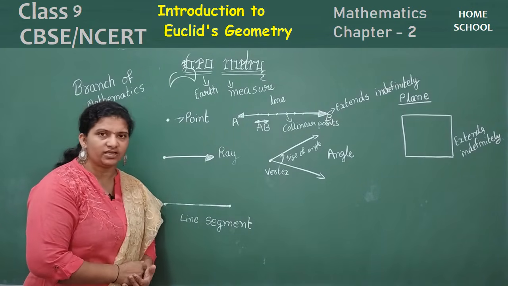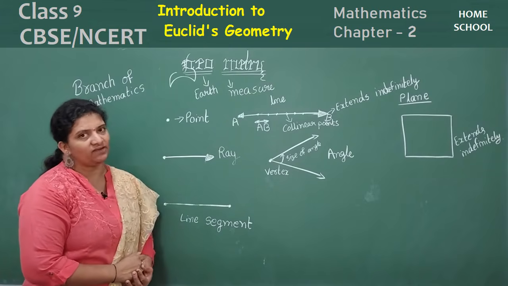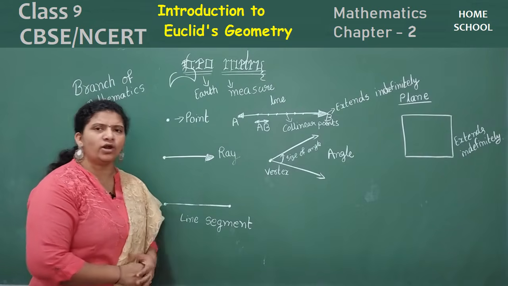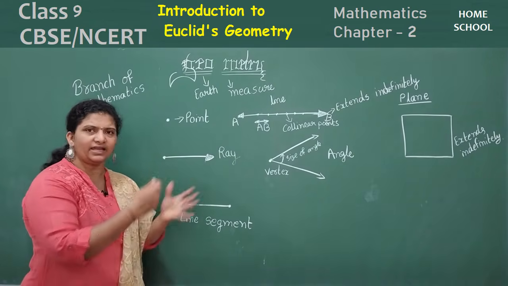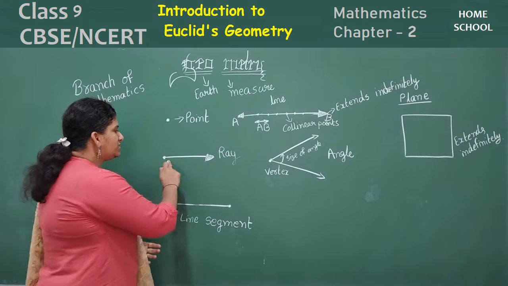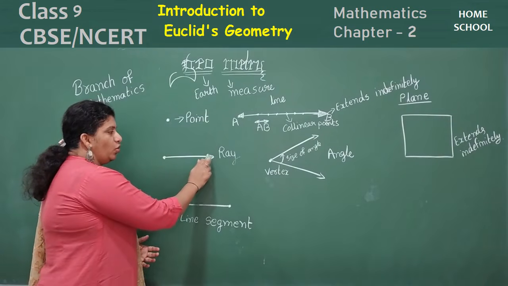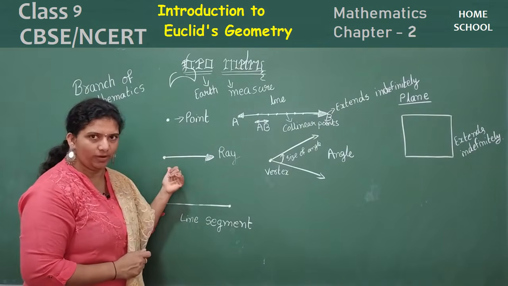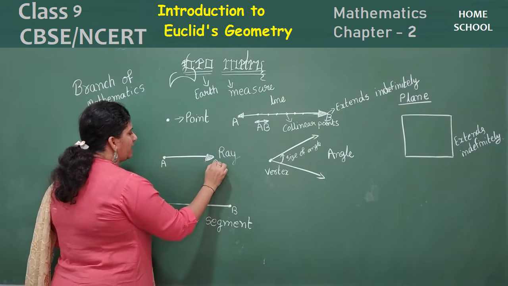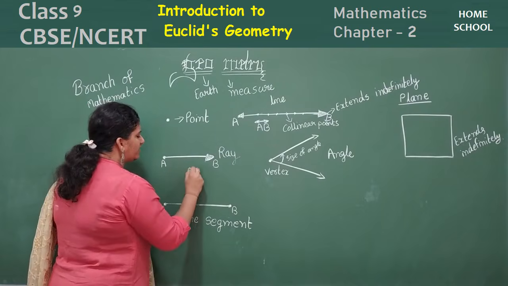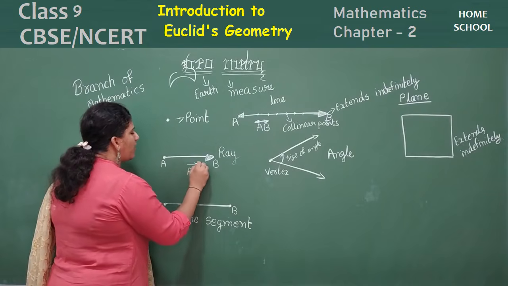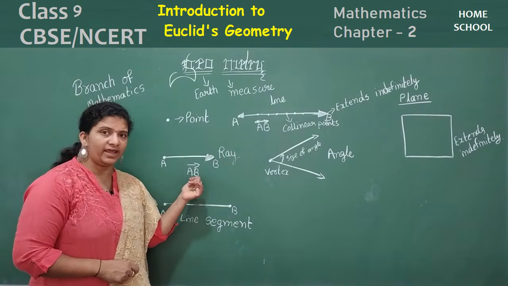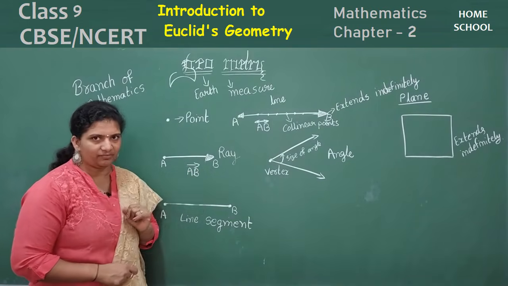What is this, children? A ray is a line which arises from one end point. It can go in any direction. So this arrow indicates there is no end for this side, while this side has an end point. Suppose I say AB, how do you represent this ray, children? AB, and you have to show an arrow on one side. AB is a ray, right?